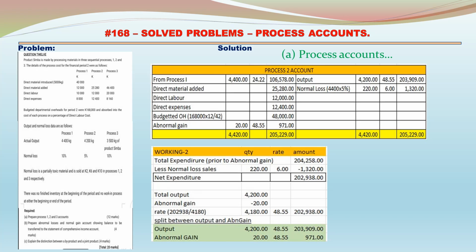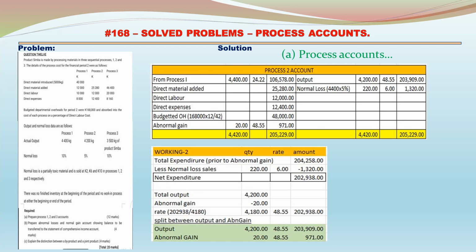Now let us work out the rate for abnormal gain and output. Total expenditure prior to abnormal gain is 204,258 less normal loss sales 220 into 6, 1320. Net expenditure is 202,938. Total output 4200. Abnormal gain less 20. Net output is 4180.